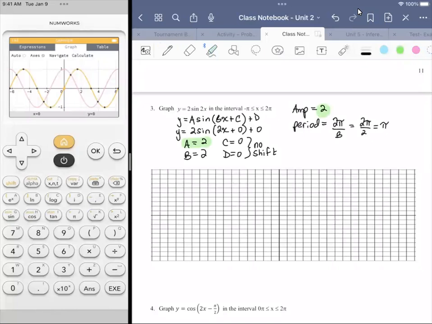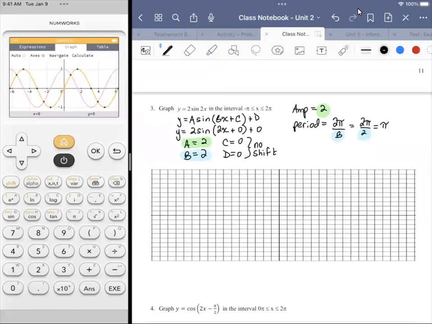So this b value here of 2 came from this. What this tells me is that it's going to go no higher than 2 units up, 2 units down, and we need to go at least pi units in order to create a full cycle.